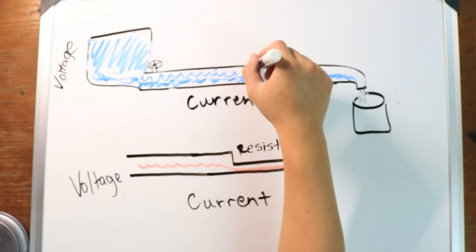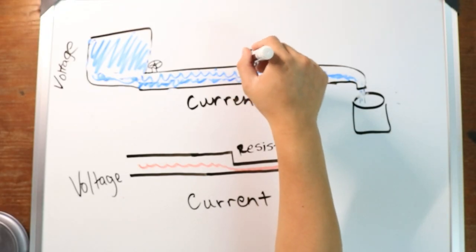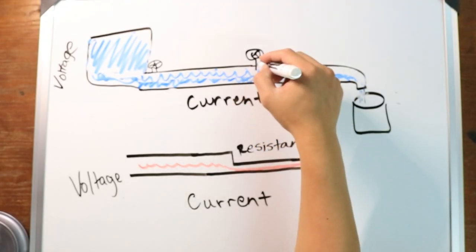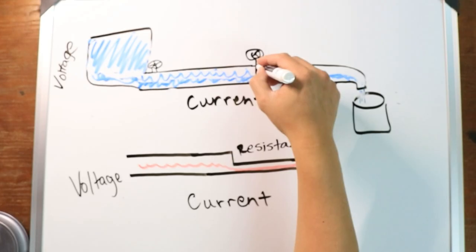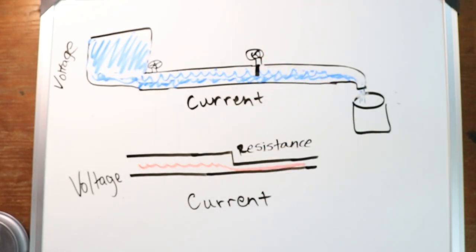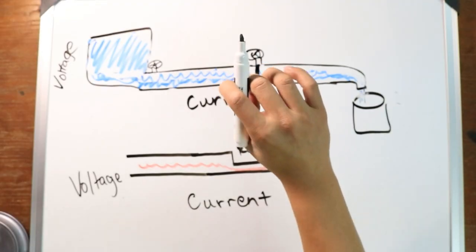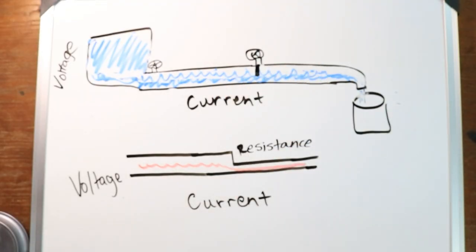We have too much water coming in. So they turn the valve and it slows it down. Either it shuts it off, or in this situation, resistance usually means it impedes. It slows it down. Not fully shut it off. You can, but for the most part, it just slows it down, right?